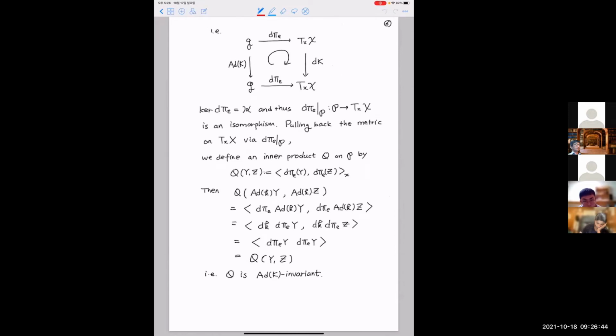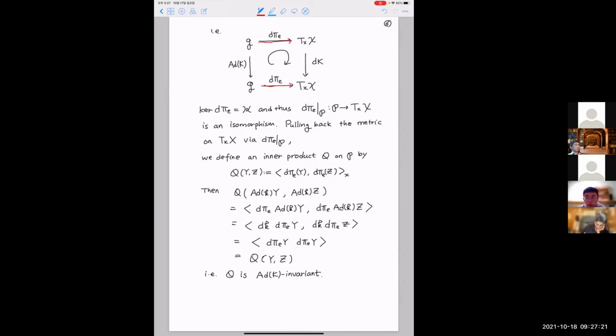So that means here is the map, the differential of pi at e, and also there is the adjoint K action on the real algebra, and the differential of K action on the tangent space of X at x. So this action commutes. Also, you can think of the kernel of the differential of pi at e.